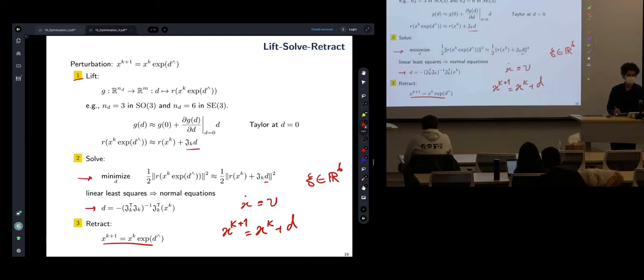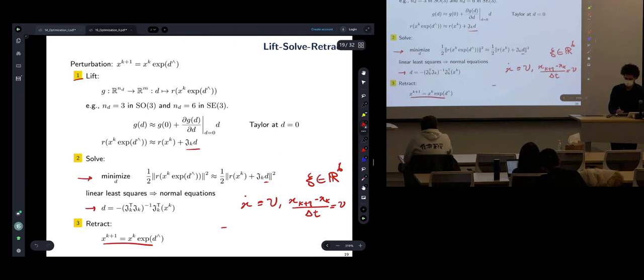Use the Euler integration using some delta t time. This will give you xk plus 1 minus xk divided by delta t equals v. Then we will have xk plus 1 equals xk plus v delta t.